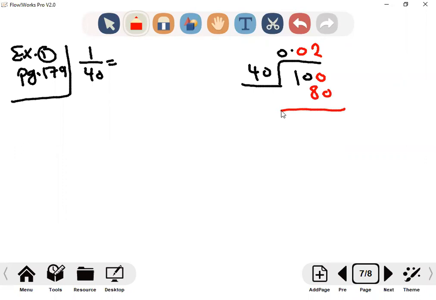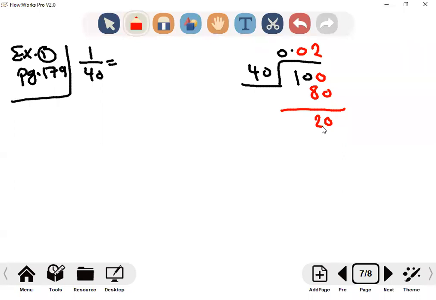And don't do 0 minus 0, 0, and 0 minus 8 it cannot. Go to the 1 and take from the 1. 100 minus 80, how much? 20. Can the 20 be divided by 40?